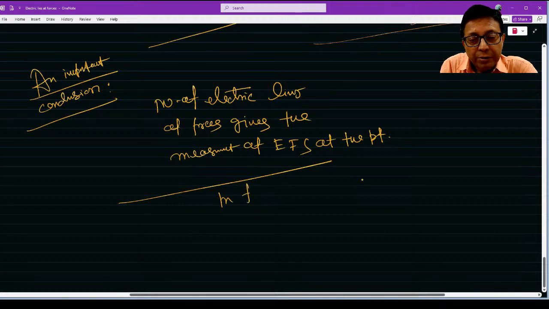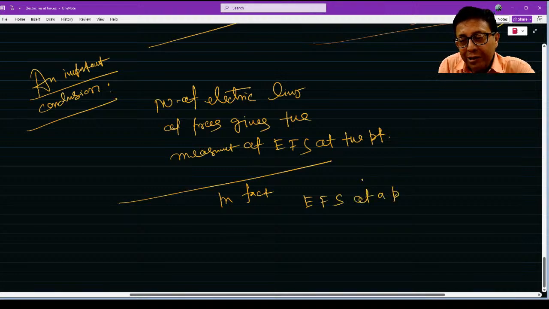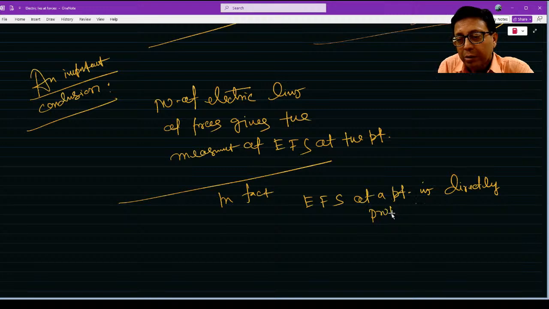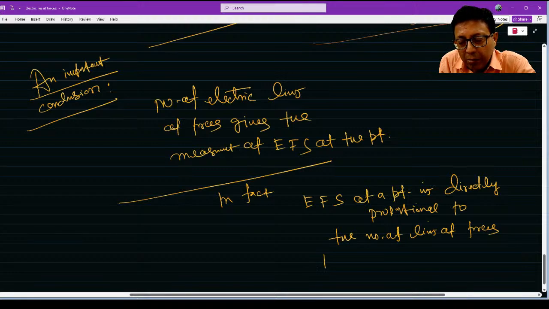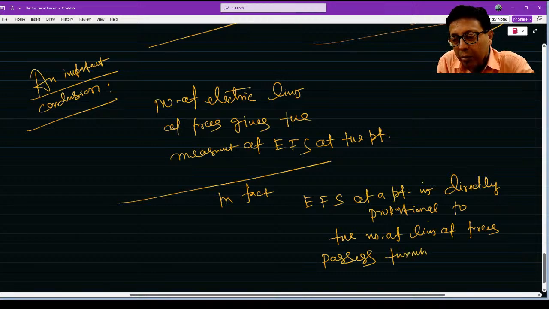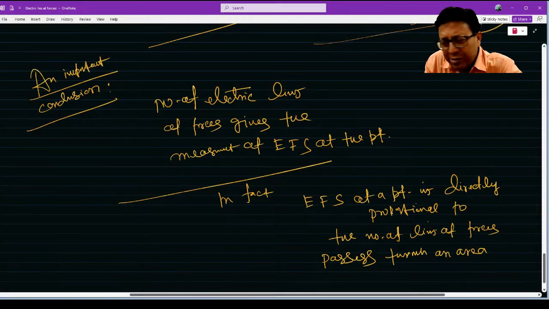In fact, electric field strength at a point is directly proportional to the number of lines of forces passing through an area, obviously unit area or a small area, unit area will take no problem.